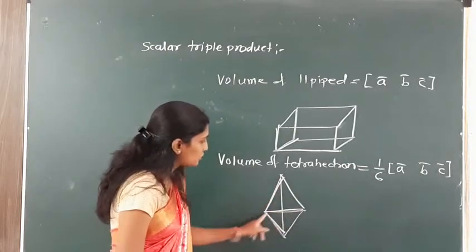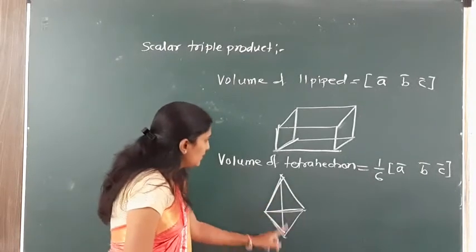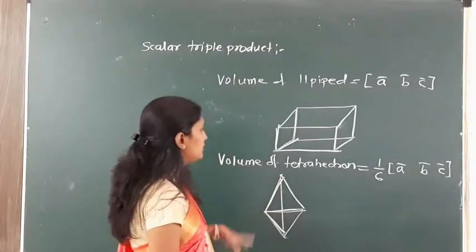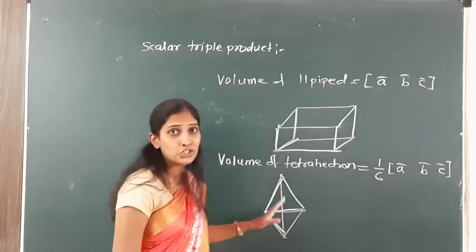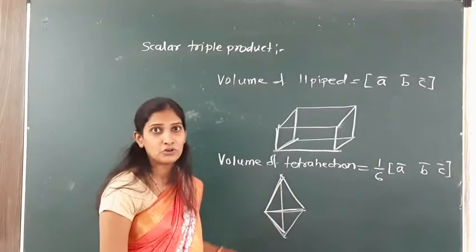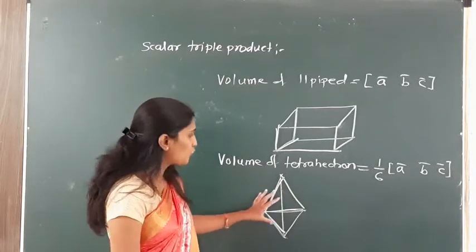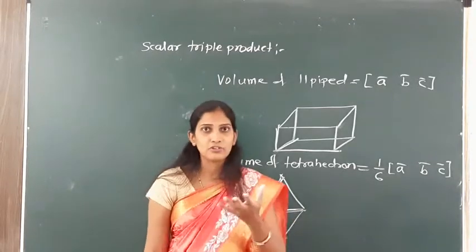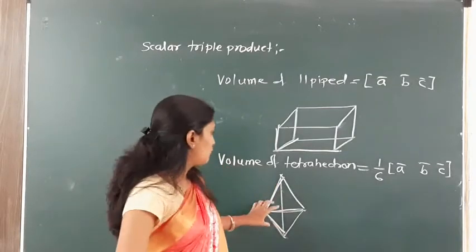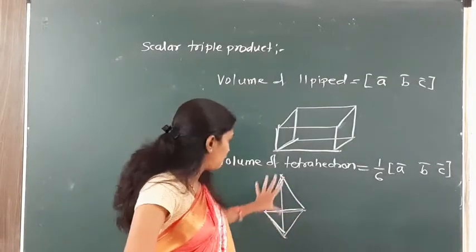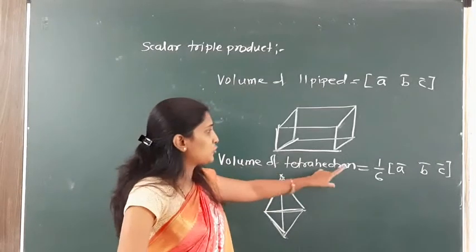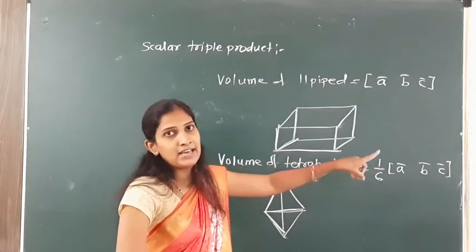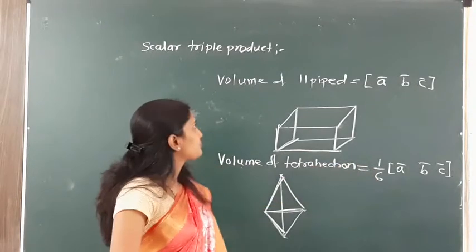These three are coterminous edges. Then its volume is 1/6 of the box product of A bar, B bar and C bar. This is not a kite. This is a tetrahedron. Tetra means 4 faces, that is triangles. 4 triangular faces are there. So this is a tetrahedron. Volume of a tetrahedron is 1/6 of the box product of A bar, B bar and C bar.